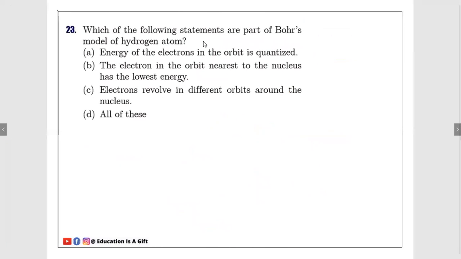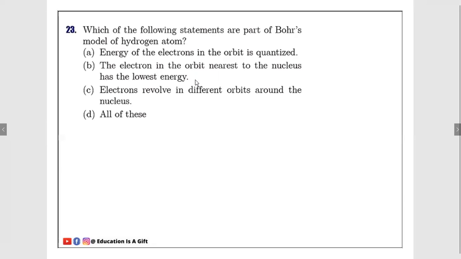23. Which of the following statements are part of Bohr's model of hydrogen atom? Here, the energy of the electron in the orbit is quantized. Yes, for every electron in the orbit there will be some quantized energy, it will be constant, there will be some number. The orbit nearest to the nucleus has the lowest energy.